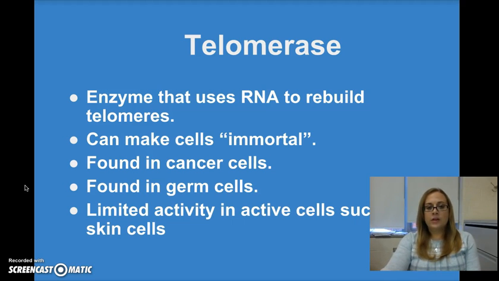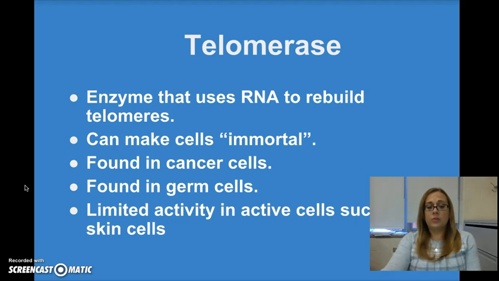We have an enzyme called telomerase, and this is an enzyme that uses RNA to rebuild those telomeres. So there's this idea that telomerase can make cells immortal. It's found in cancer cells, it's found in germ cells, and it's limited where you see cells that have a pretty short lifespan.